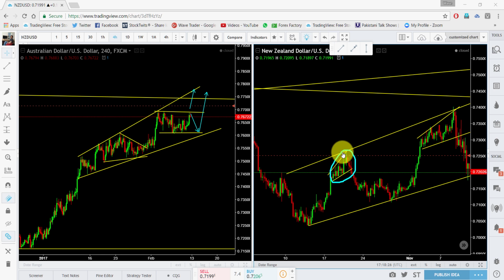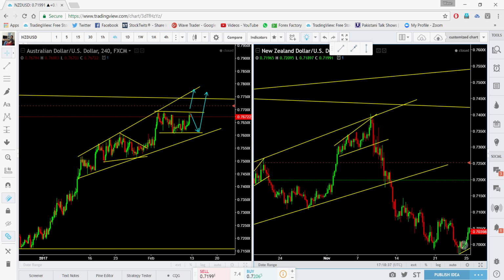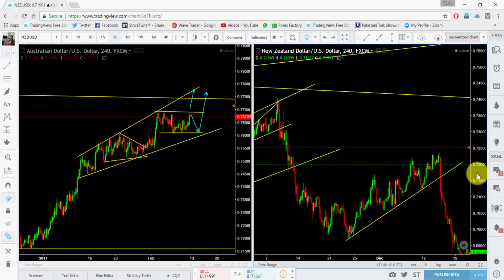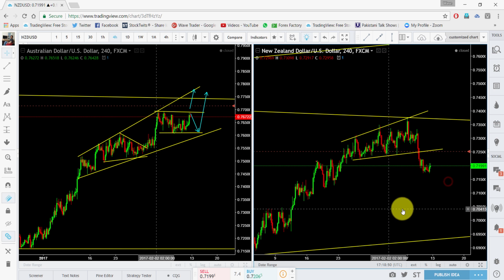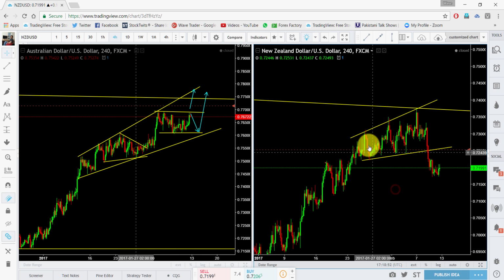So here you can see the same, quite similar, but this pattern was on a lower degree. And here again you can see this pattern formed as well, on the 240 time frame, but at a lower degree. So here you can see again at the current price, the same pattern formed.